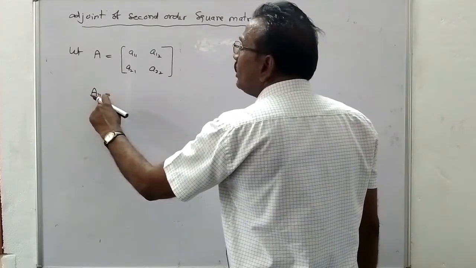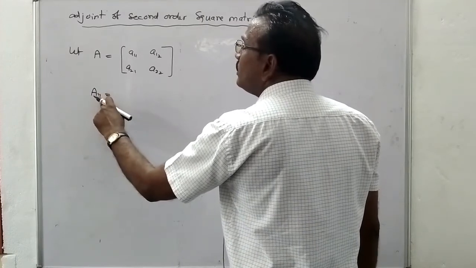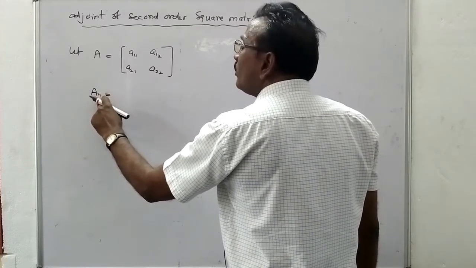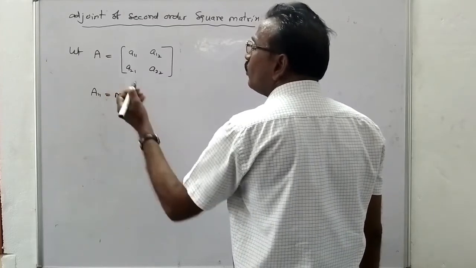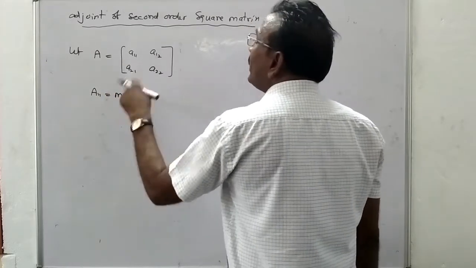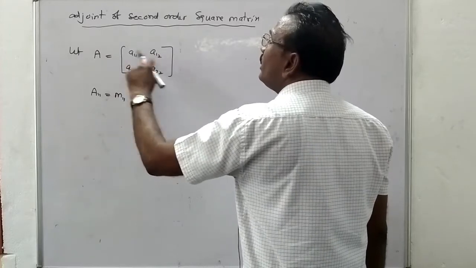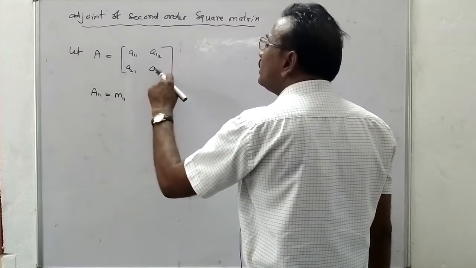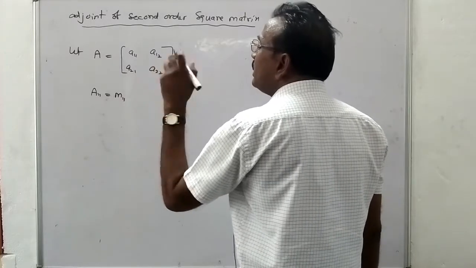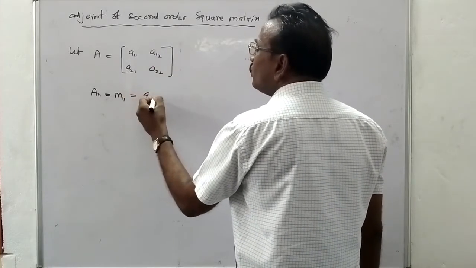Here the row is 1 and the column is 1, so minus 1 to the power of an even number, the sign is plus, that is capital M11, the minor of the element. The minor of A11 is obtained by deleting the first row and first column. The determinant of a single element is the element itself, that is A22.